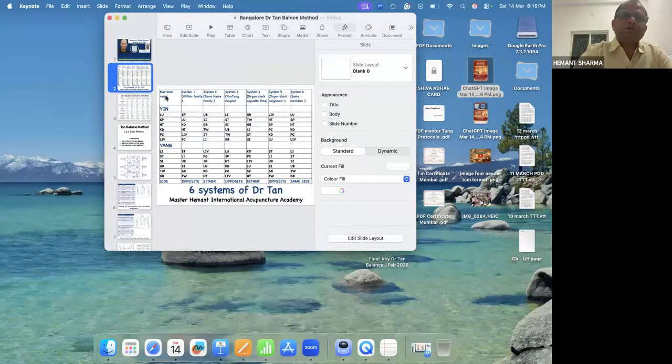So the question comes in the mind of many persons: what is Dr. Tan balance method and what is global balance method of Dr. Tan? There are two questions. So Dr. Tan balance method is based on these six systems.